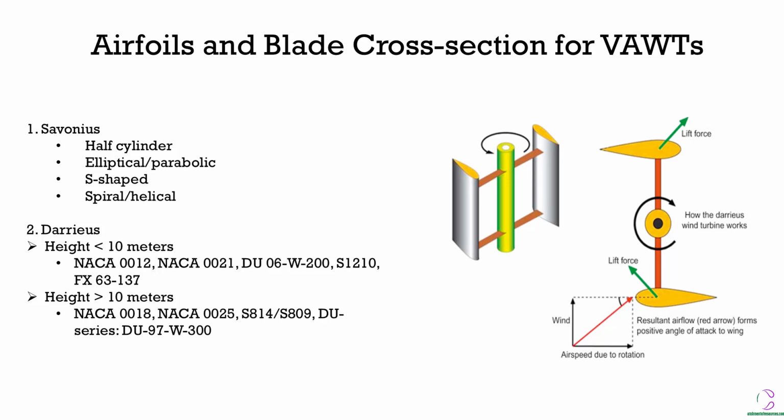These are all the drag driven types. For the Darrieus, which is a lift driven type, for heights below 10 meters, you have the NACA 0012 and the likes. For heights above 10 meters, you have NACA 0025 and other DU series of airfoils that can be used for the blades.